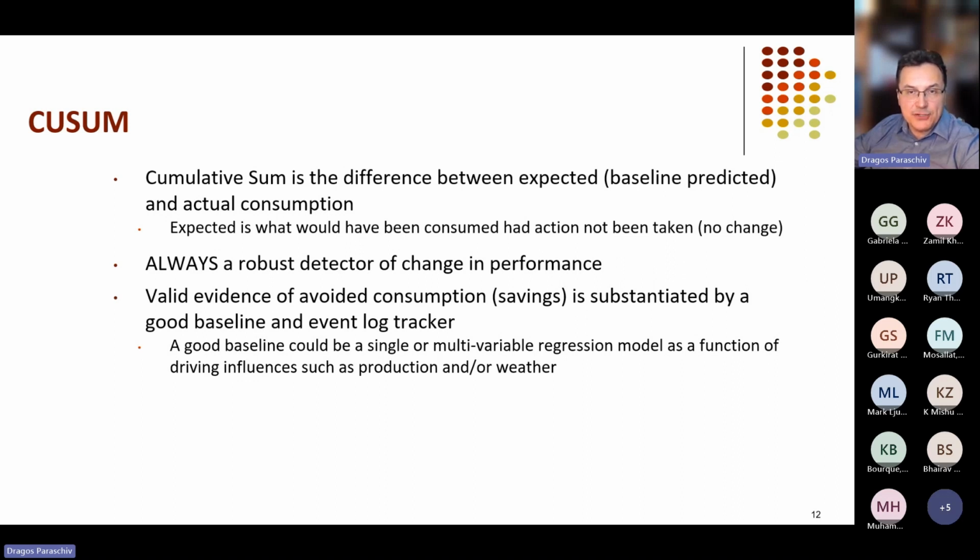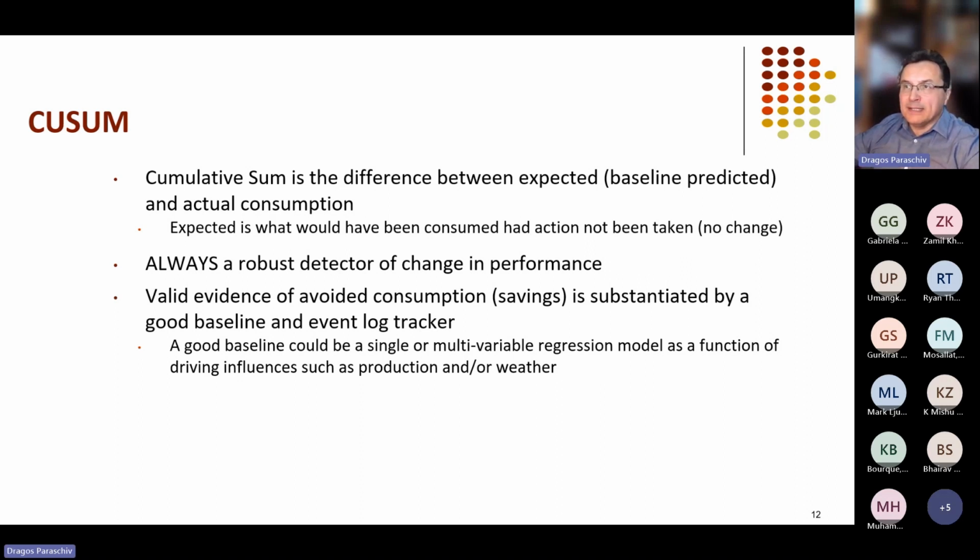So we use this function to track the type of performance along the time. And it's an excellent tool to find or identify deviations from the expected performance. So we use cumulative sum to find these deviations and then try to correct them or explain at least these deviations.